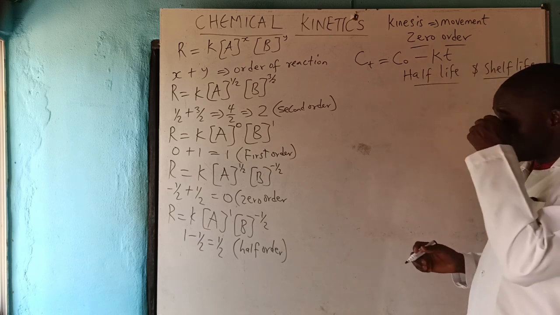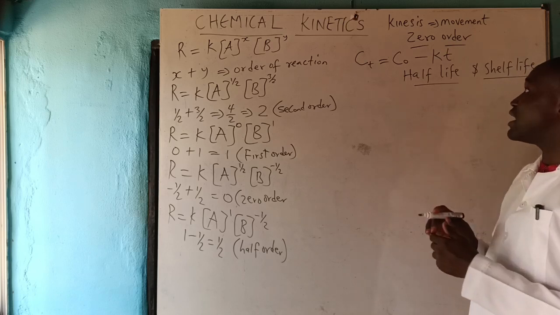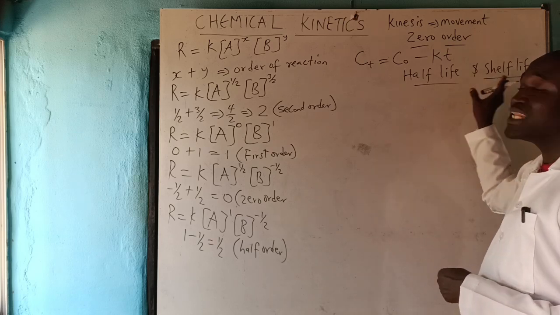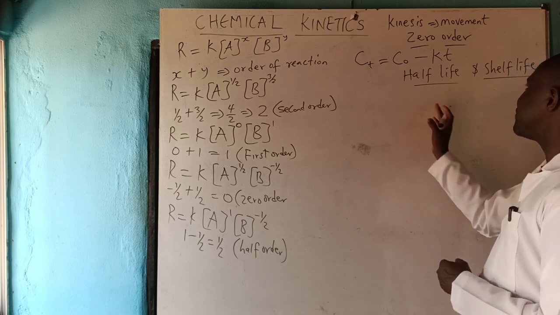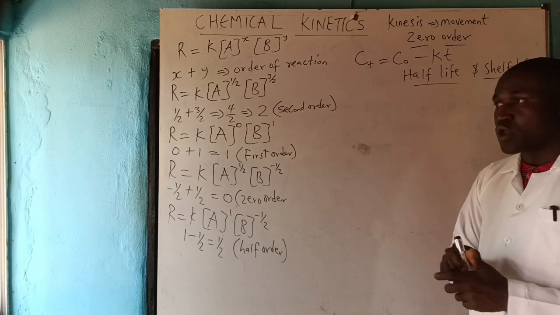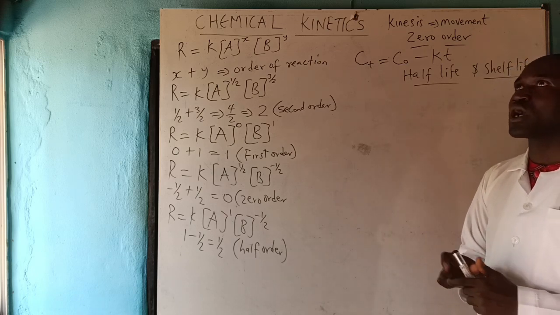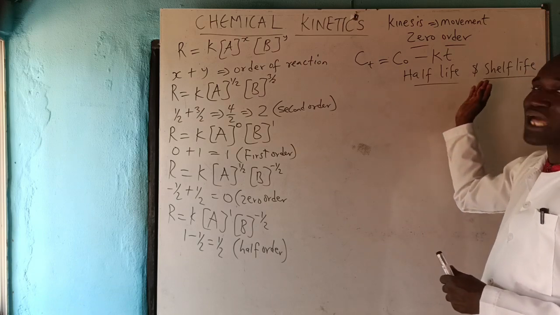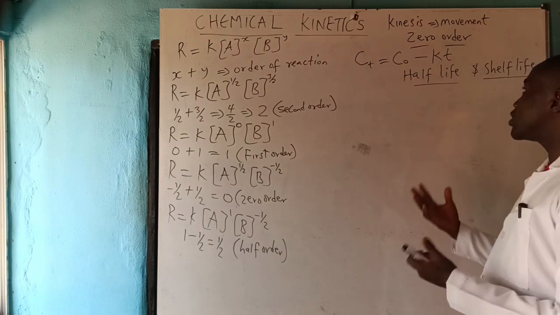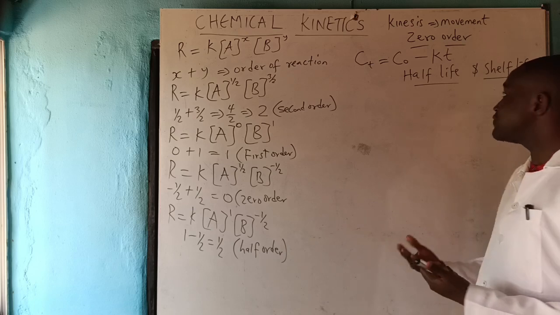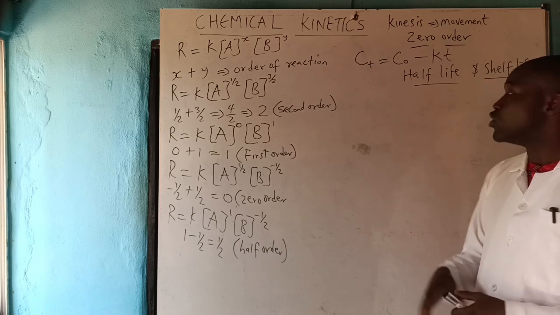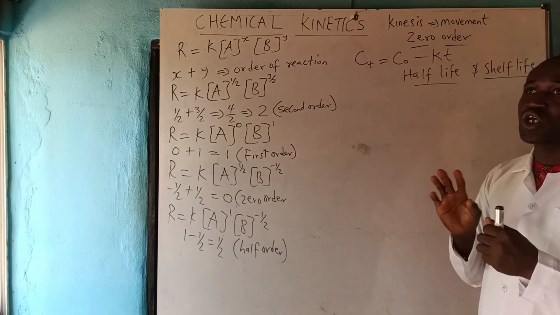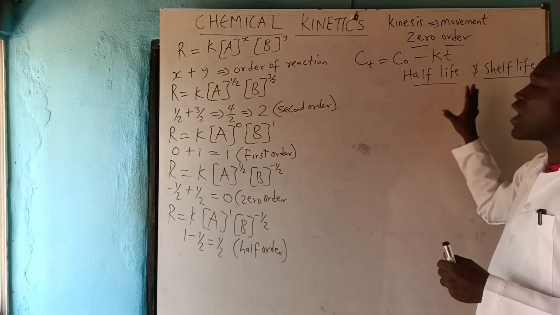This is because at elementary level, we need to understand these lives we talk about, half-life and shelf life. At higher level, we talk about all the types of half-life: biological half-life, effective half-life, and so on. But at elementary level, we just want to talk about the physical half-life.